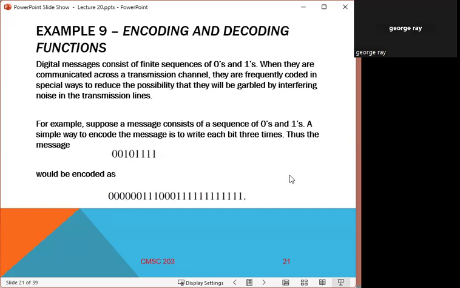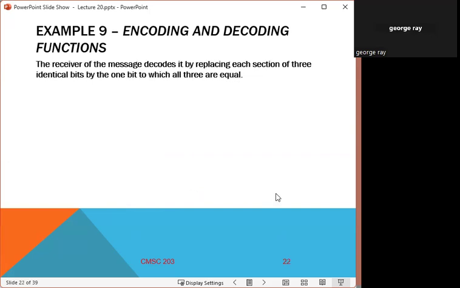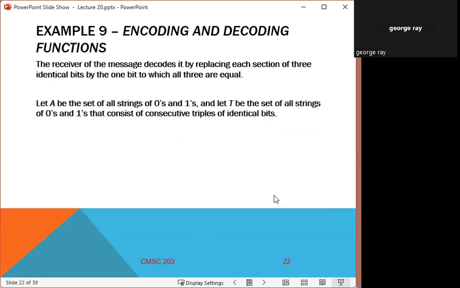And then you would have an encoded message 3 times the length, but if one bit flipped, you could just use the other two in the triple to determine what the correct value was. And then you can decode that string by just reversing the function that you applied.